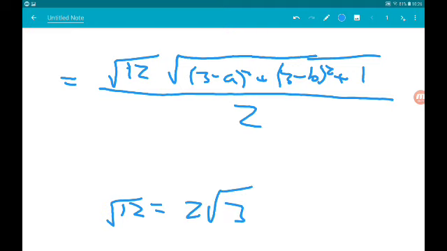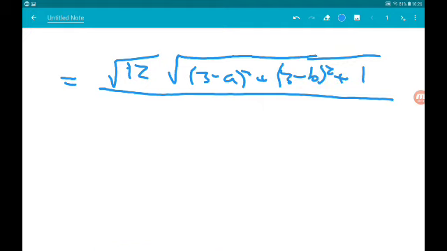So we've got 2 root 3 over 2, so we can get rid of the 2 on the bottom, and then at the start we're just going to have a root 3.